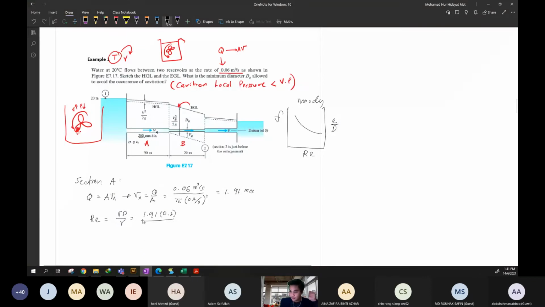Try to substitute this one, and you will get the answer. At 20 degrees Celsius, you'll find the answer to be 3.8 to the power of 5. So is this considered turbulent or laminar?